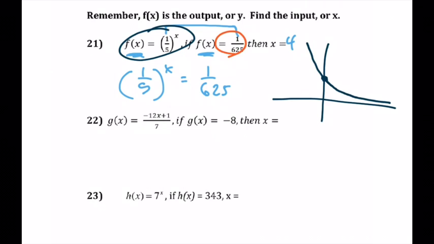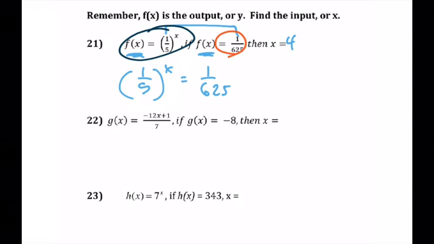And then if I graphed y equals 1 over 625, that's a horizontal line because it's just y is equal to a constant. And so it's going to be like this. And so the question is, where do they meet? And this point right there is 1 over 625. Obviously, my graph is not to scale, but that's what we're doing here. We're solving a system of equations when you set something like that up. And so that's just a little aside. It's just good to know things like that.